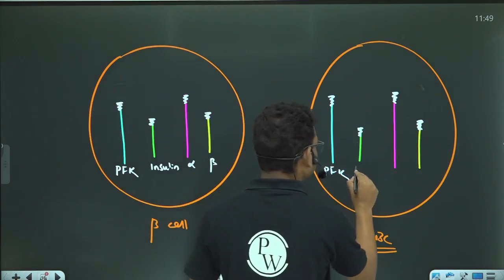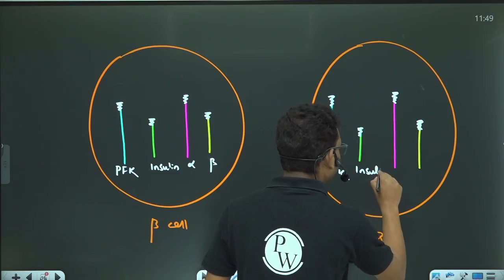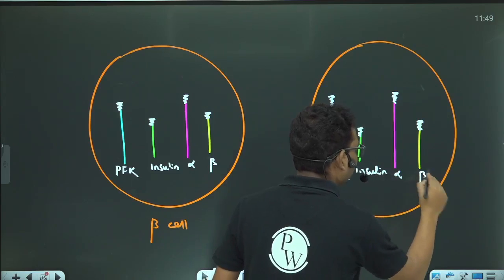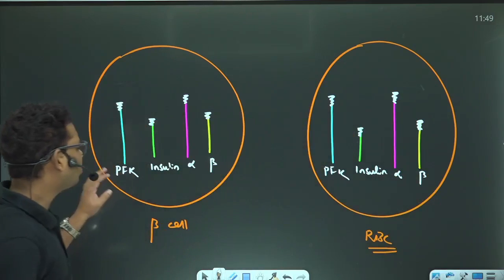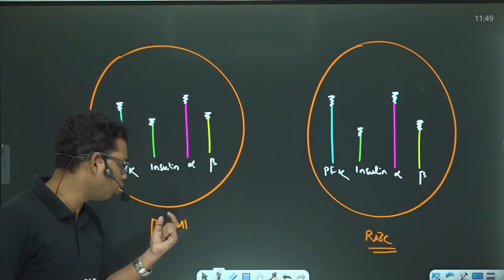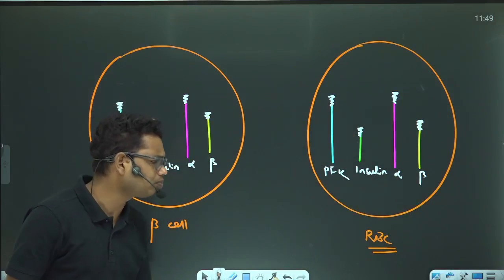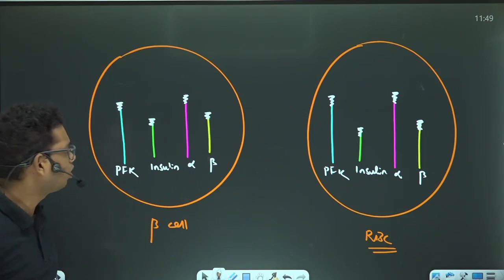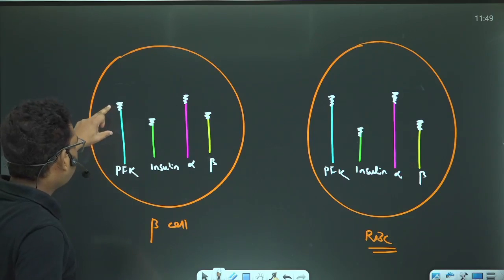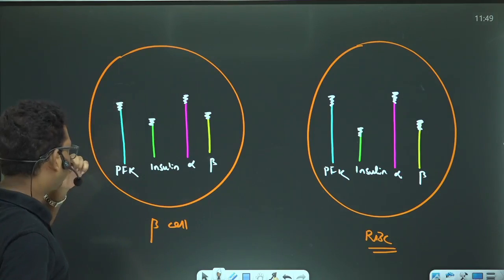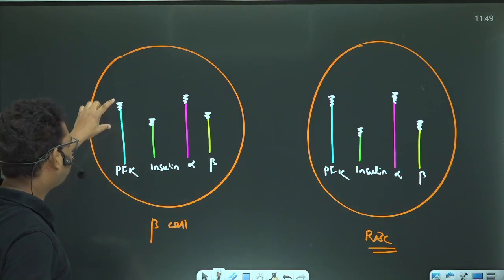You can see all the genes are present in both the beta cell and the RBC.